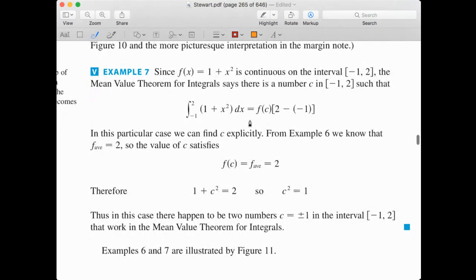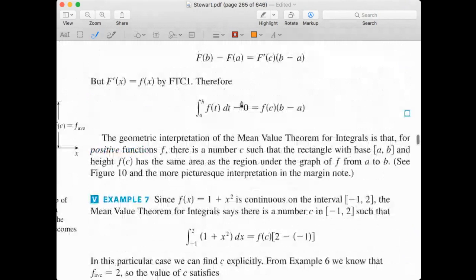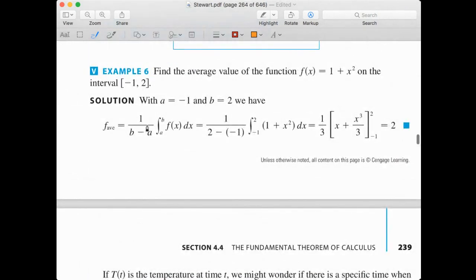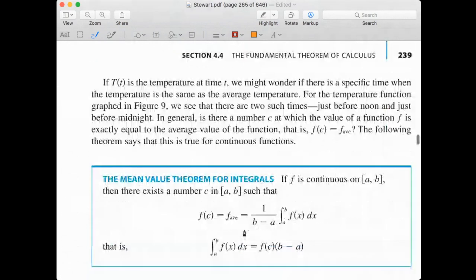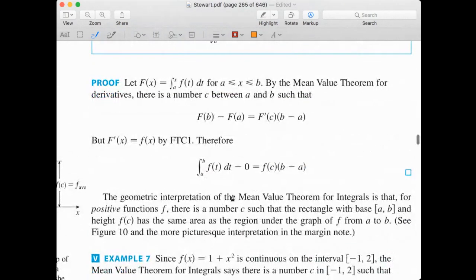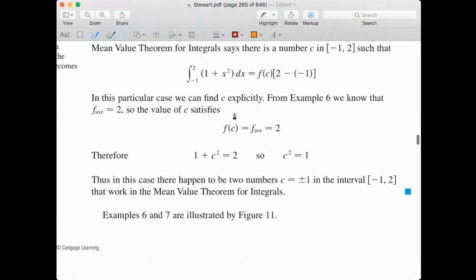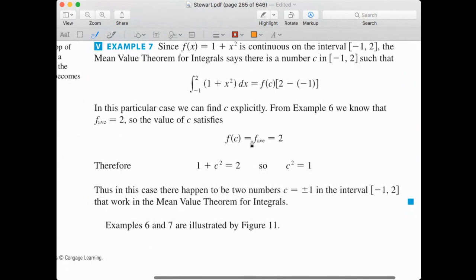So f of c equals, this side we can evaluate, going through this antiderivative process, we get 2. Oh no, hold on. Oh yes, because we multiplied b minus a on the other side already. So in the end, f of c equals 2.